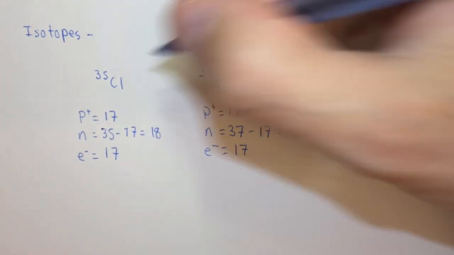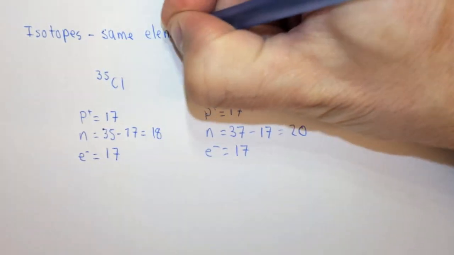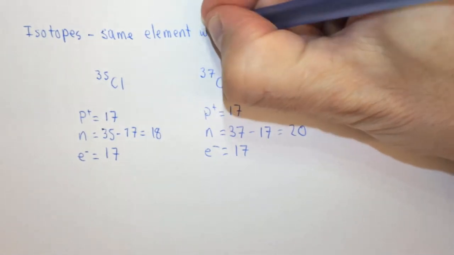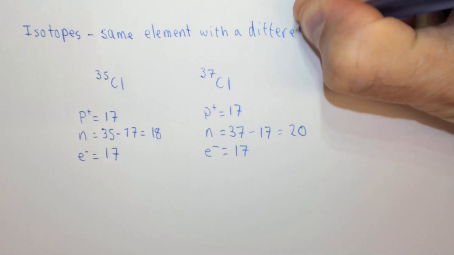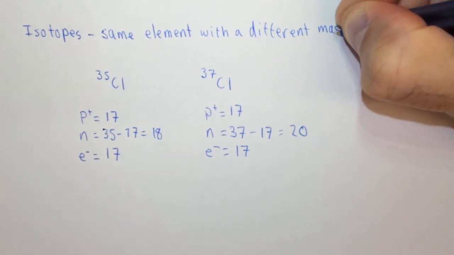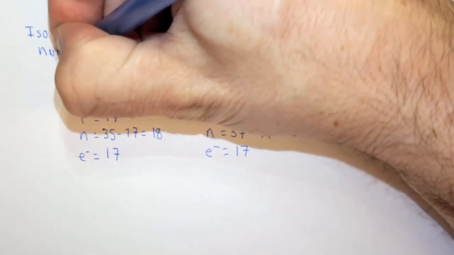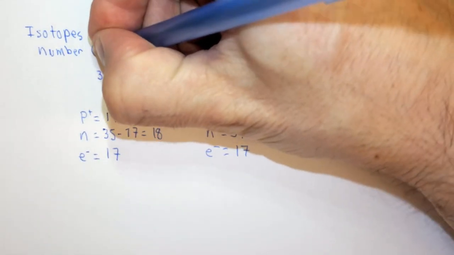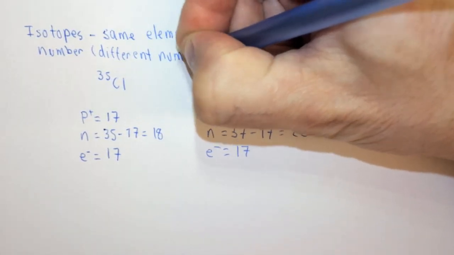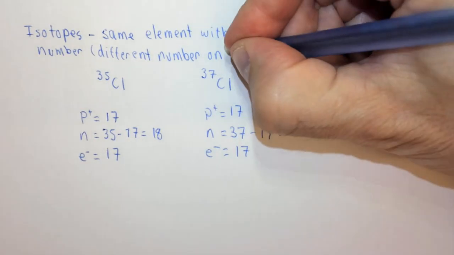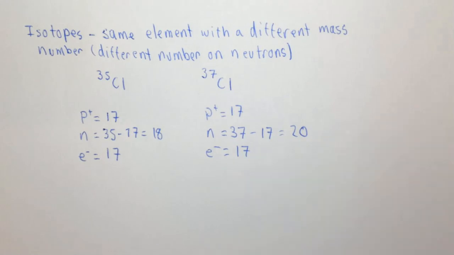They're the same element, with a different mass number. And of course, what gives them a different mass number is a different number of neutrons.